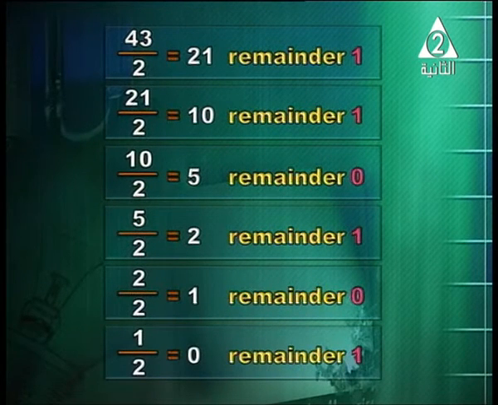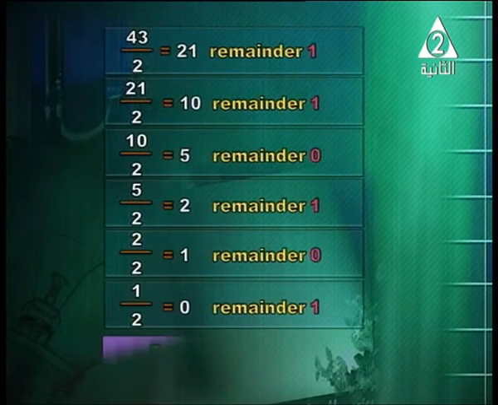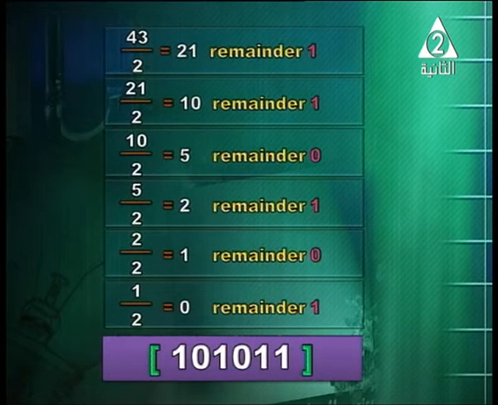And 1 over 2, we don't find any 2's in 1, so it will give 0. Remainder is 1. Your attention, please, to observe how we will write the number. It will be 101011 to the base of 2.